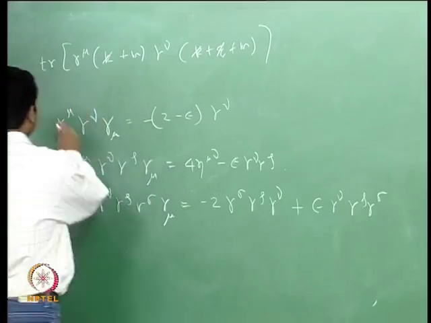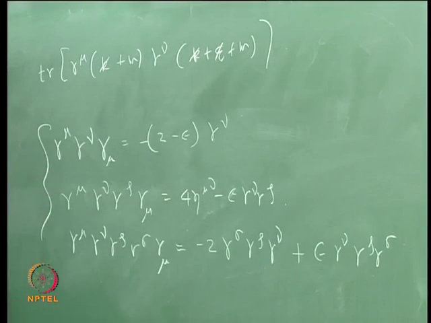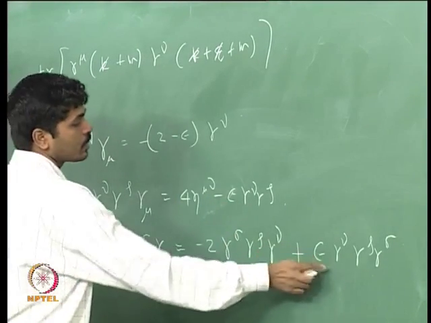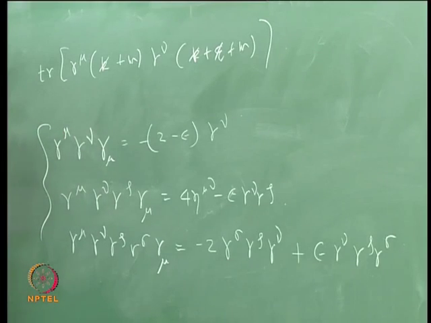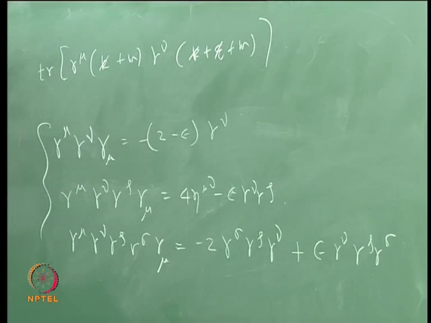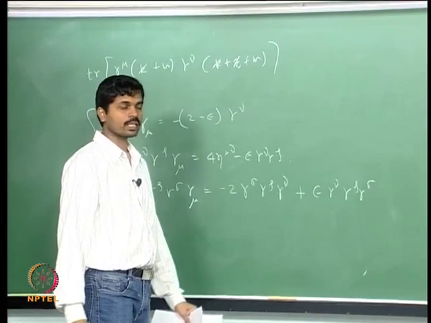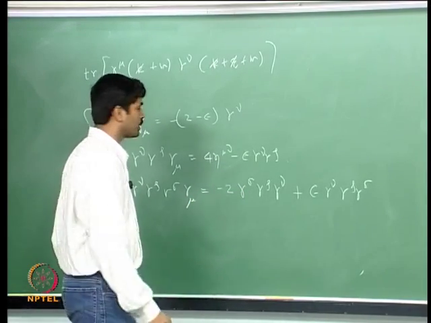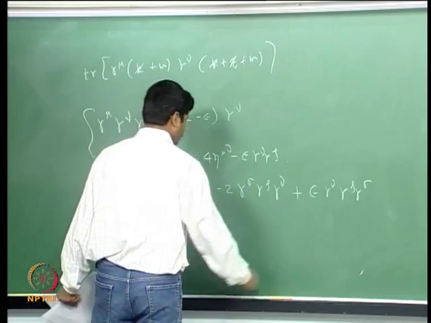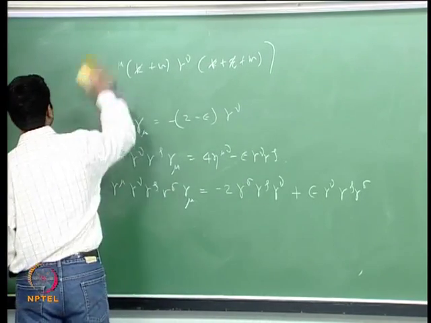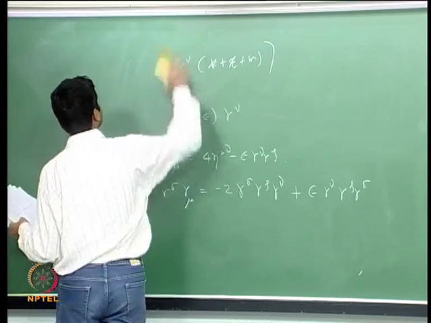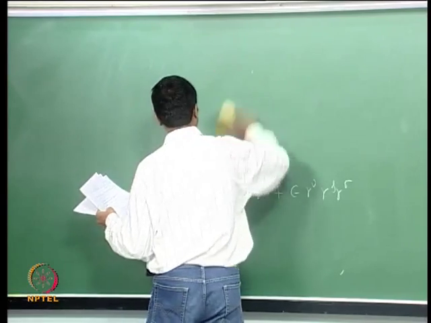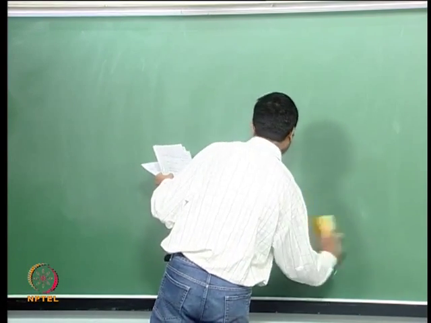So, the epsilon dependence appears here explicitly when you evaluate the vertex corrections or the self energy diagram, but when you consider the physical amplitude, then all these corrections simply drop out. So, we will not worry too much about the epsilon dependence here.